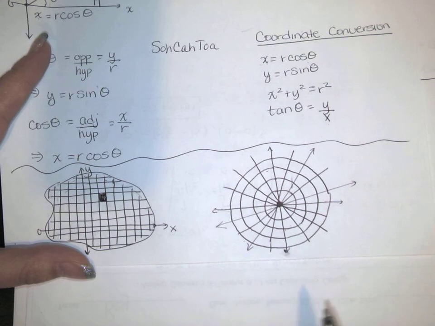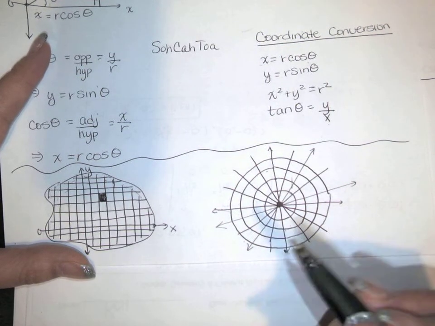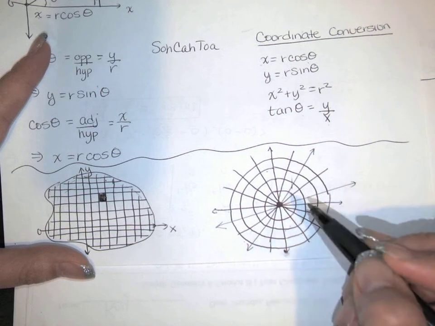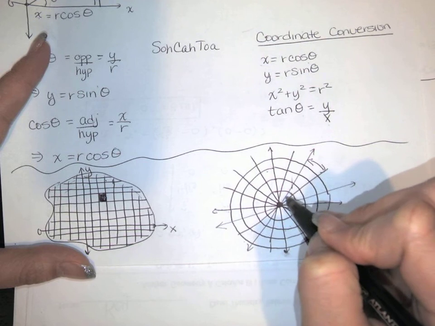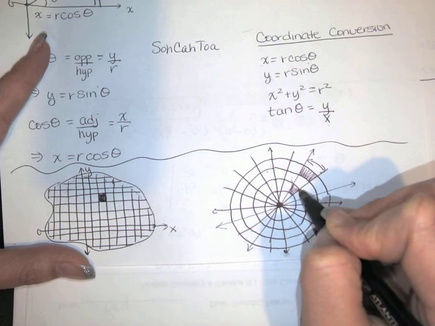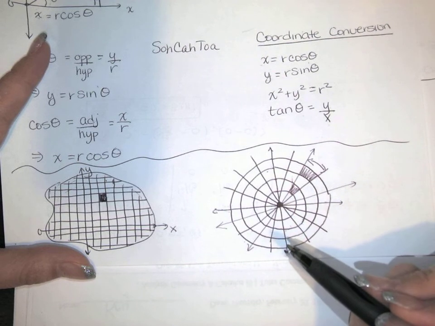But when I drew my polar grid over here, did you notice that even if that change in theta is the same, the farther I get out from the origin, the larger that area becomes? Look, that area is much larger than that area.